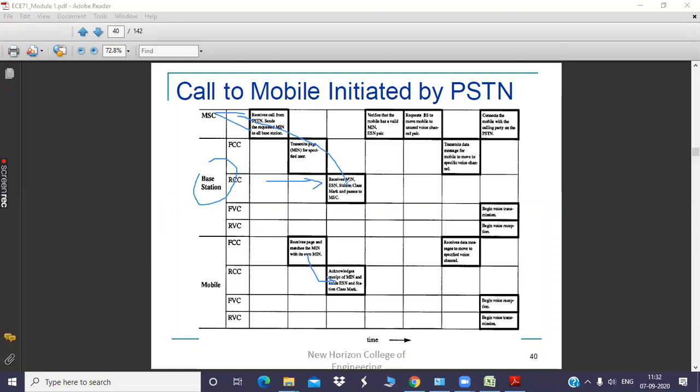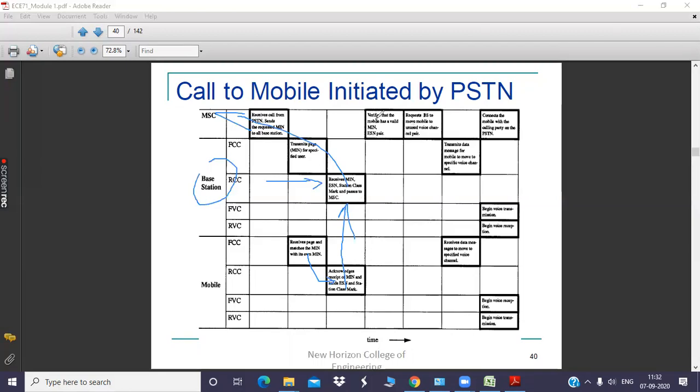RCC is nothing but the channel used for getting the information from mobile to base station. So from mobile to base station, what has the mobile user sent? Mobile user has sent an acknowledgement for the receipt of this MIN by using some other code. That code is received by the base station through RCC, that is reverse control channel, and then he will pass this to the MSC.